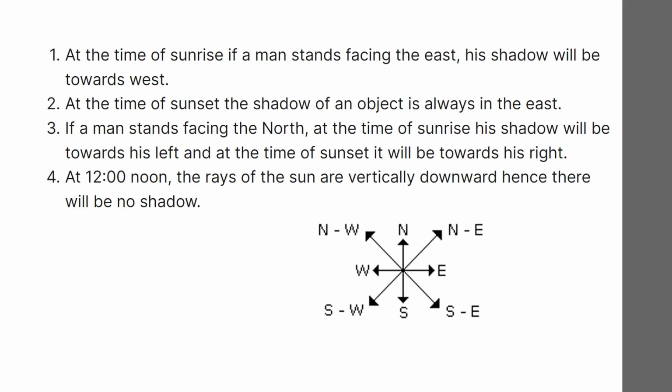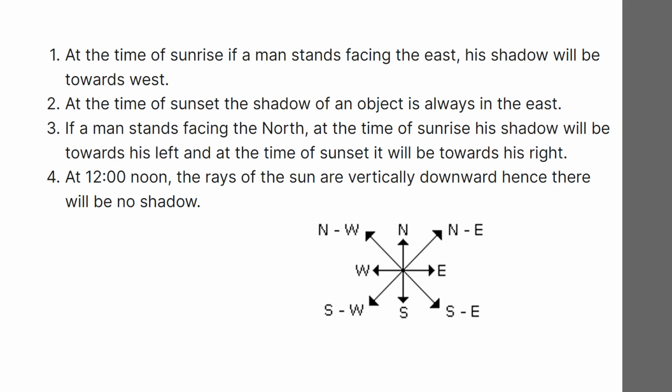At the time of sunrise, if a man standing facing the east, his shadow will be towards west. At the time of sunset, the shadow of an object is always in the east. If a man stands facing the north at the time of sunrise, his shadow will be towards his left, and at the time of sunset, it will be towards his right.